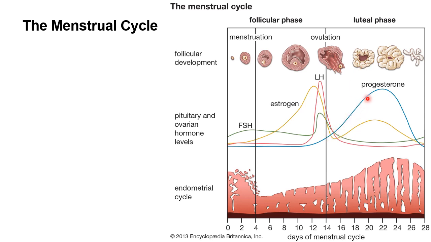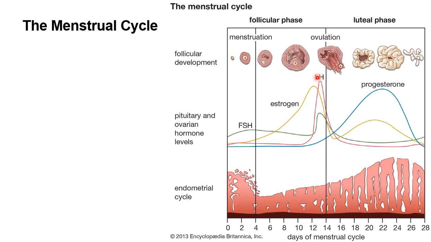Progesterone is being secreted and it causes the endometrium to both thicken and become more mature. Okay? So as it becomes more mature, the progesterone will cause negative feedback and it will decrease the levels of FSH and LH.